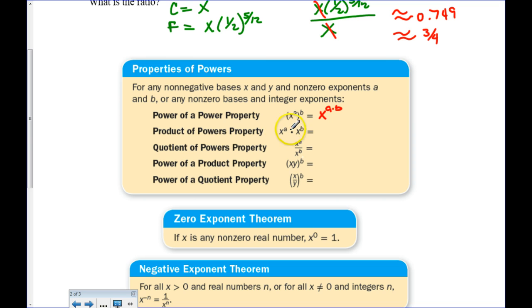So this one, a times b. This one's a plus b. What's this one? Yep, this one's a minus b. How about this one? Yep, x to the b, y to the b. And then same, x to the b over y to the b.